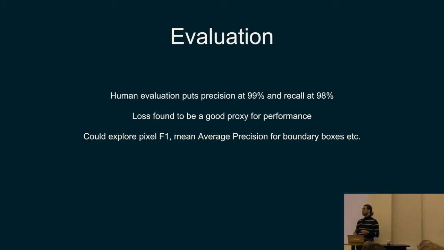And if you do object localization, a common metric is mean average precision: you look at the precision-recall curve, average over all recalls, and then take the mean over all thresholds you could use to construct the boundary boxes based on your prediction. But we have found loss to work well enough. It might be something that we do in the future.